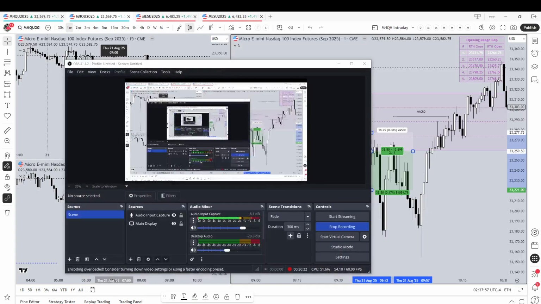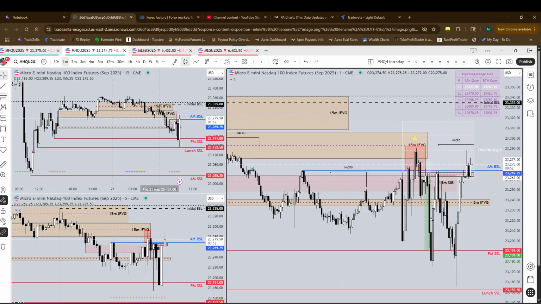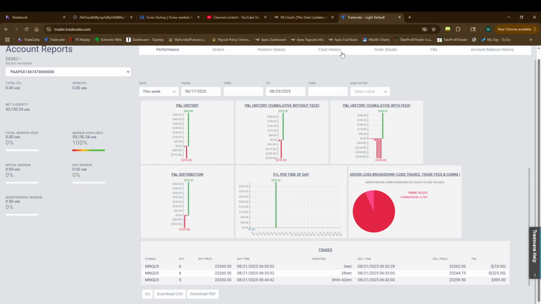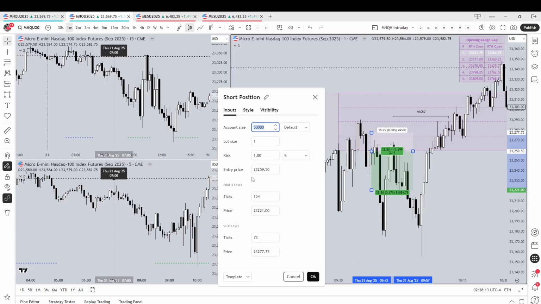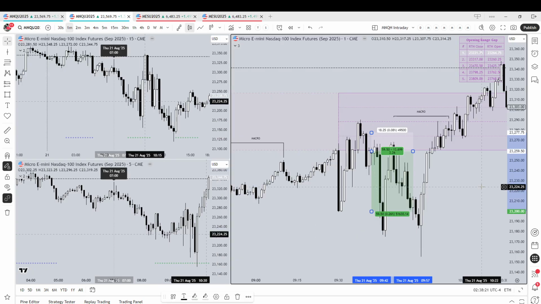And I'm buying this back at, let's go to Tradovate, and when did I get this? 23,200 even. So I set the profit level to 23,200 even. There you go.